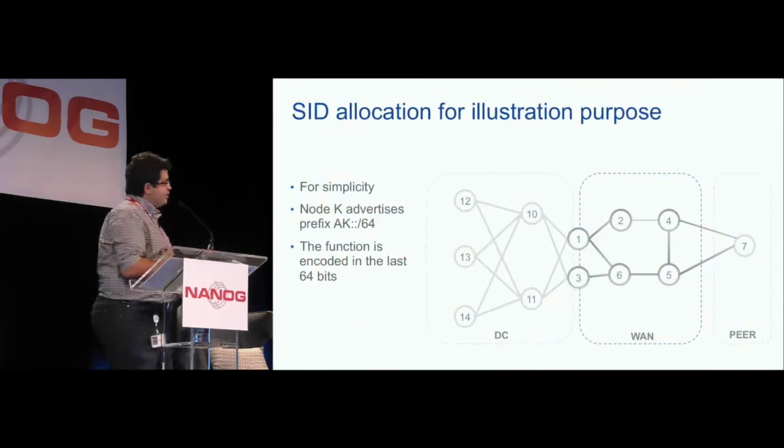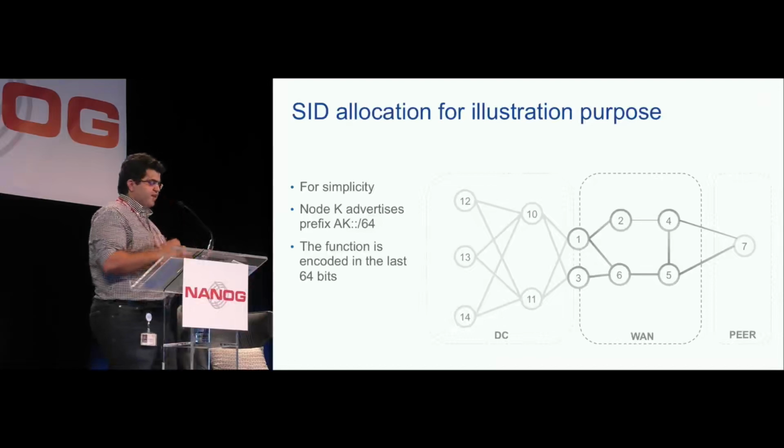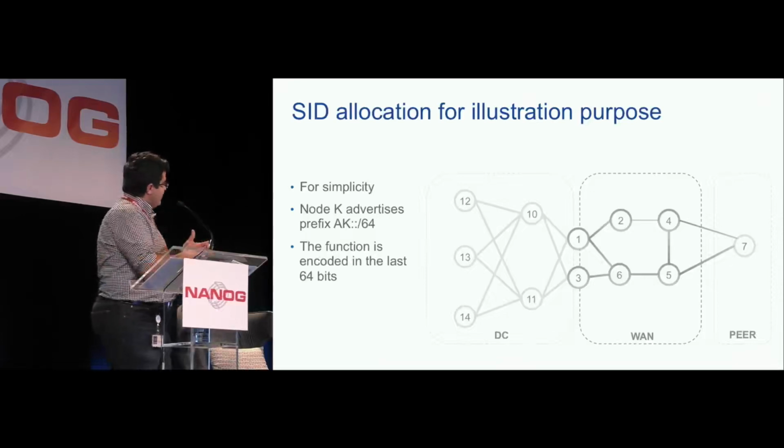In order to walk you through some of these use cases with ease, we tried to build some convention. That convention will make it easy to explain. It will make it intuitive and more human readable. Please do not think that there are any constraints in the architecture. The architecture is completely flexible, but for the ease of explaining it to everybody, we are using this convention.